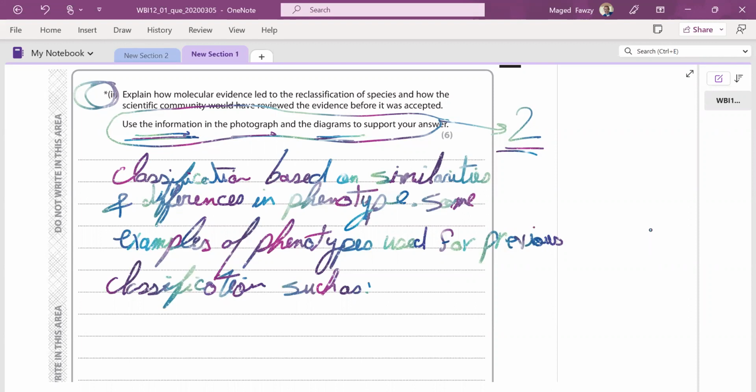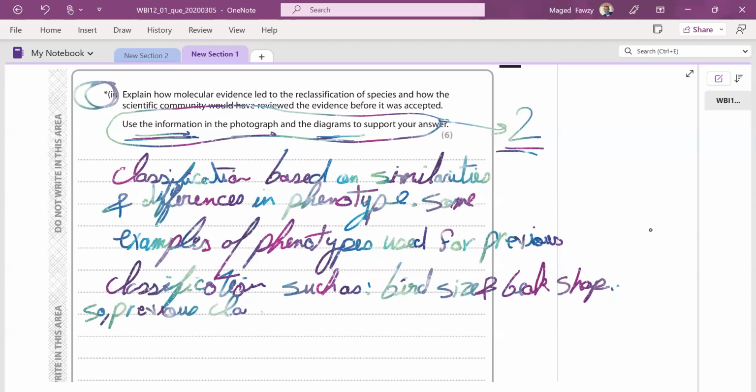Write any phenotype, I mean characteristics, such as bird size, habitat, anything related to it, big, shape, previous classification.